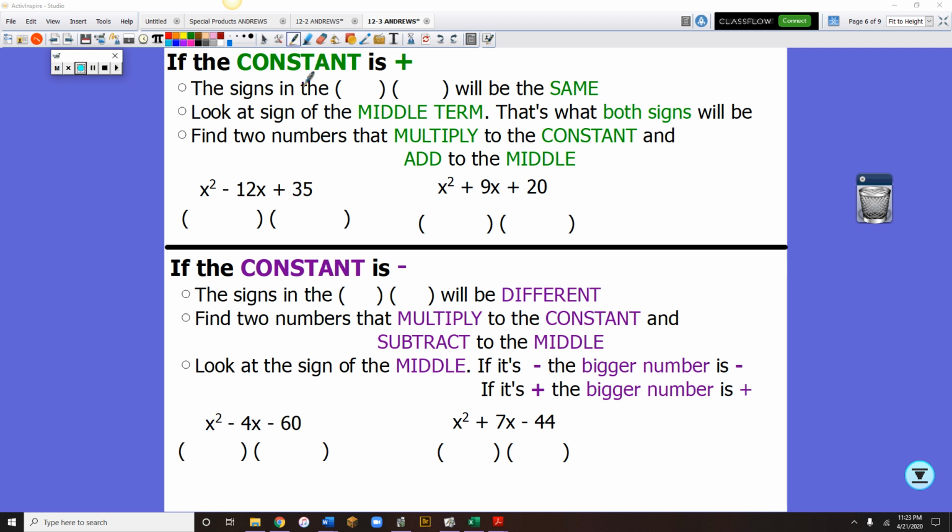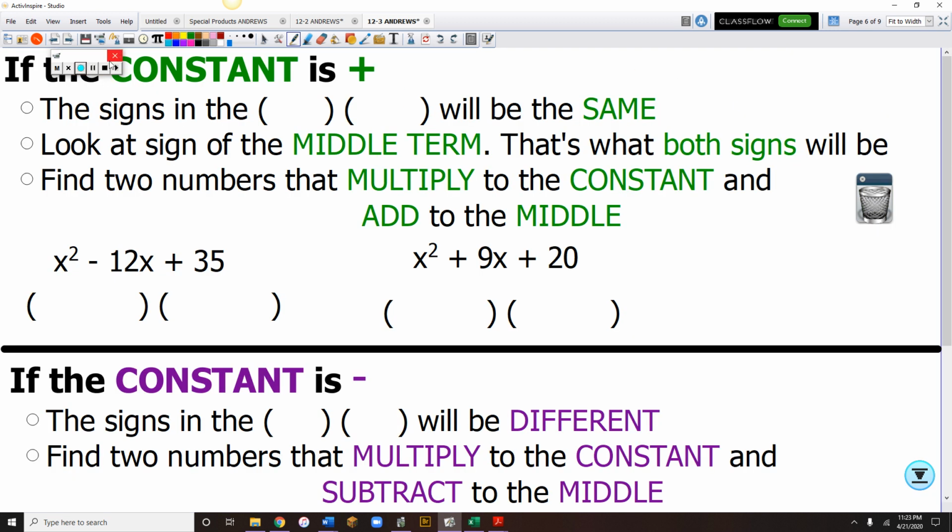Okay, so I have this handy dandy little chart here that we're going to fill in. We're going to focus on this first part, when the constant is positive. And by constant, I mean the C. So the C in both of these is a plus.